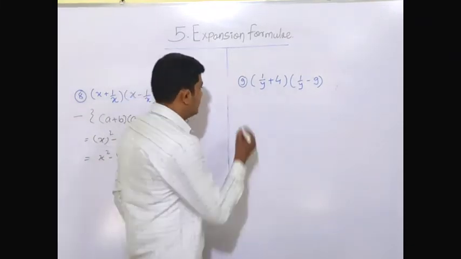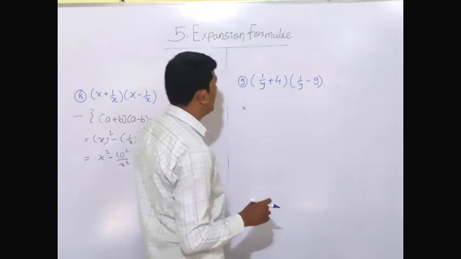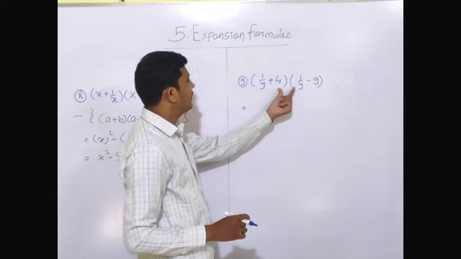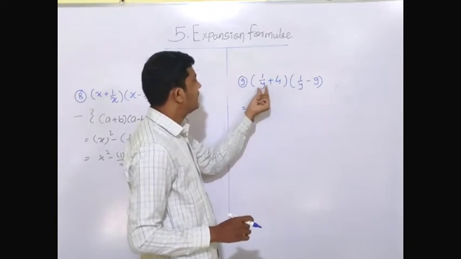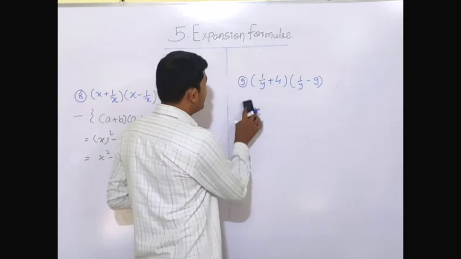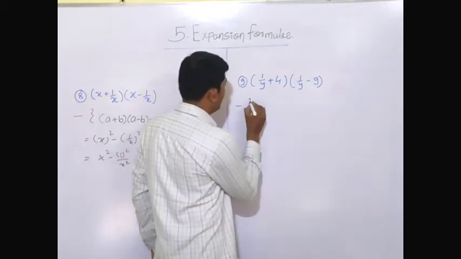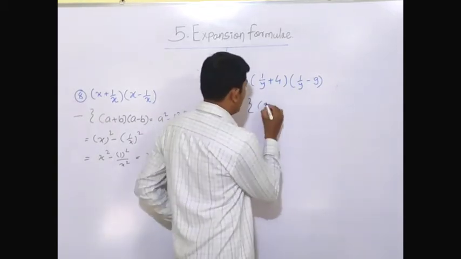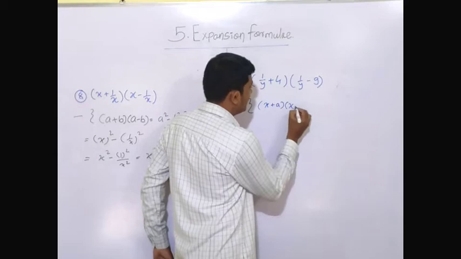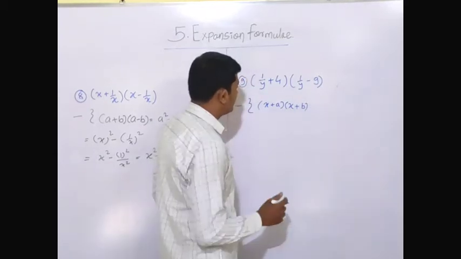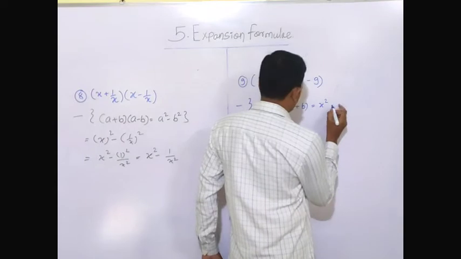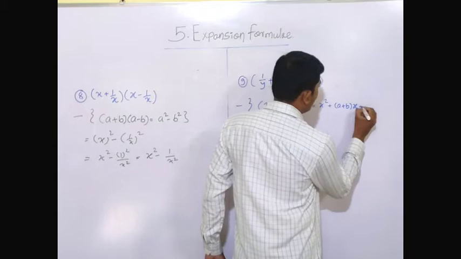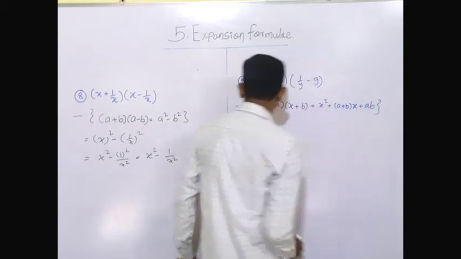We have to solve the next example, that is number 9. Here again 1 upon y is common, and here what we have to do? Compare this given expansion with the formula, that is (x plus a) into (x plus b), which is x square plus (a plus b) x plus ab.